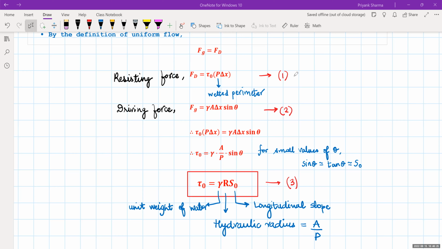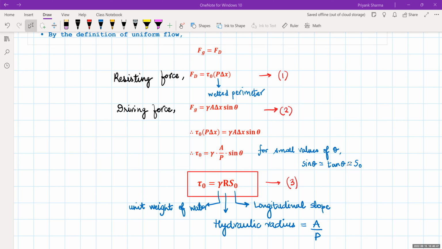Let us equate equations 1 and 2, and on comparing, we get the simplified version, that is tau naught equal to gamma A by P into sine theta. Now, if the value of the slope theta is very small, then sine theta would tend to tan theta.